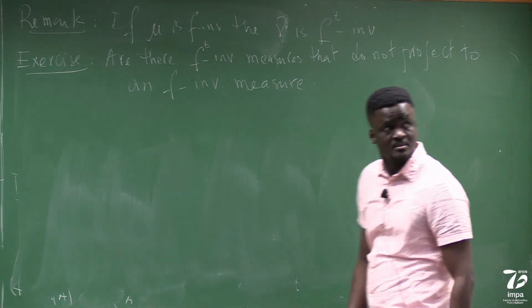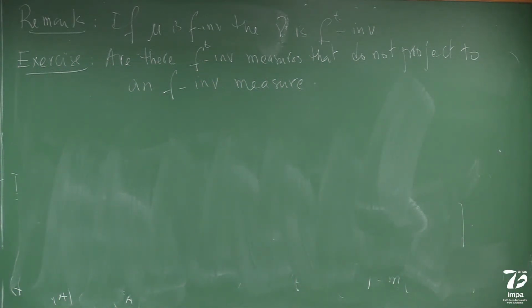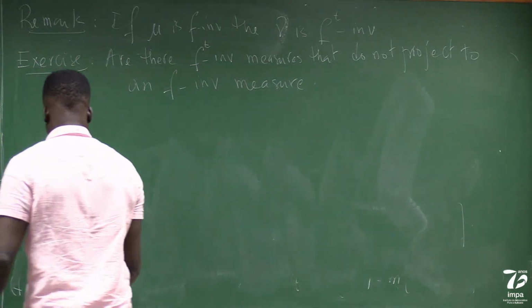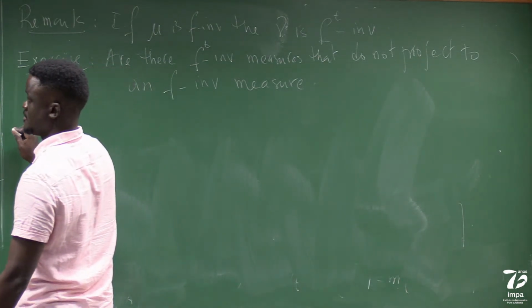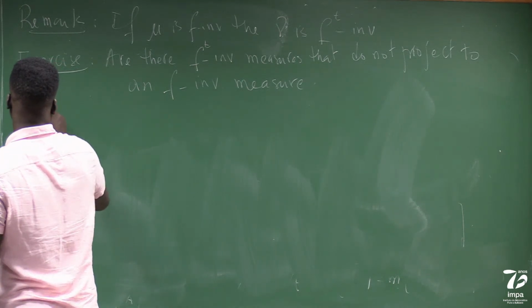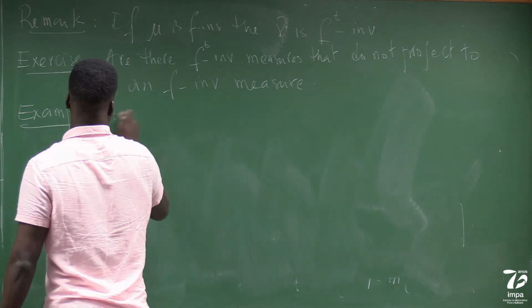Okay, let me see how I'm doing this time. I should speed up a little bit. So this is one example of a continuous time dynamical system, a suspension flow. And there is another example, which is the geodesic flow. Example 2, geodesic flow.